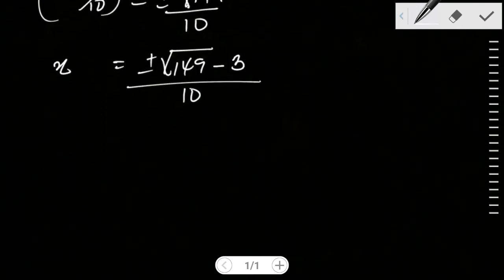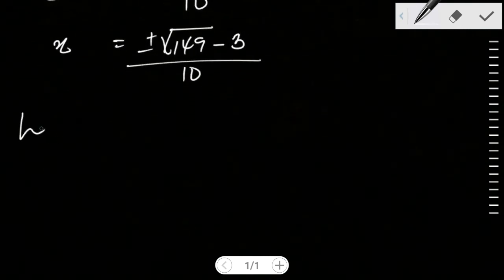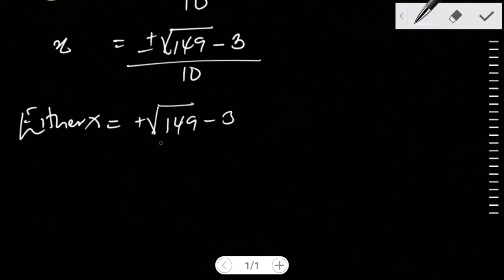Now let's get the values of x. Either x would be equals to positive root of 149 minus 3 all over 10, which would be equals to 0.920.